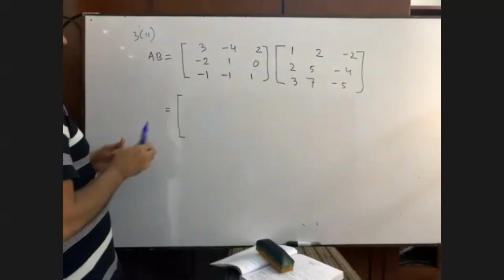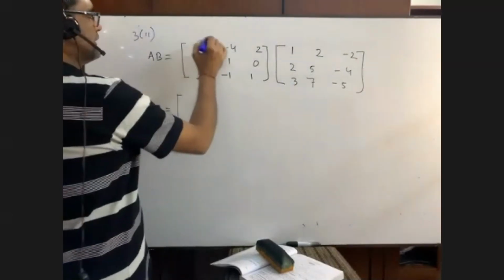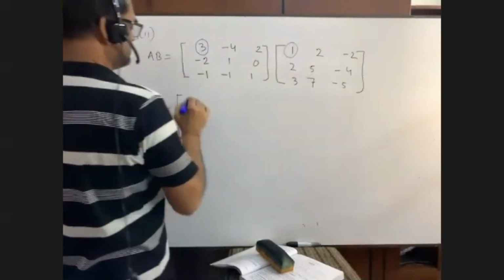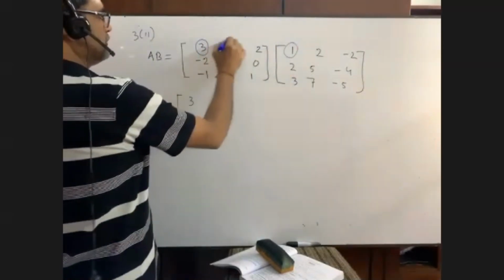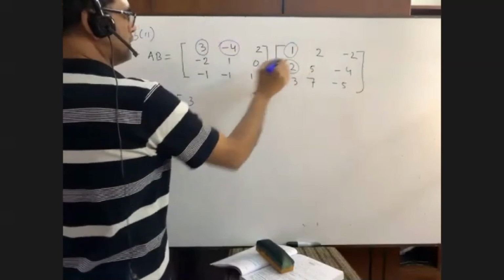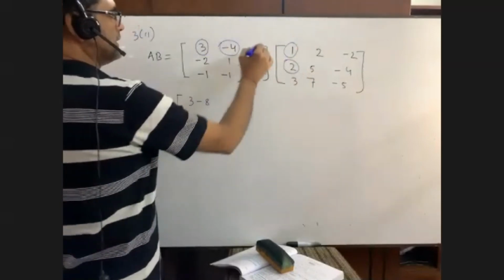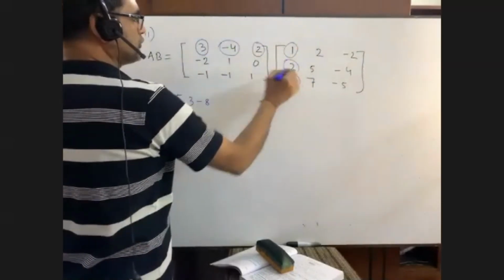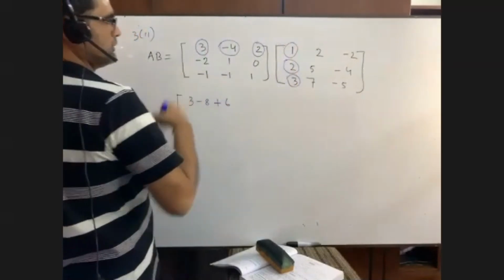You see, as I told you earlier, this 3 and 1 equals what? 3. This minus 4 into 2 equals what? Minus 8. This 2 into 3 equals what? Plus 6. Okay.